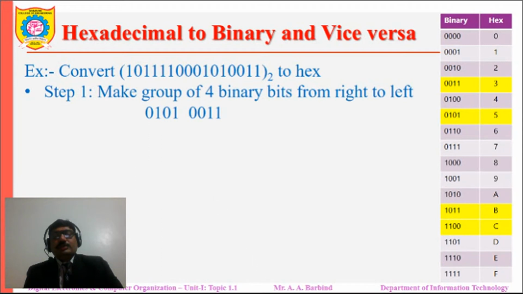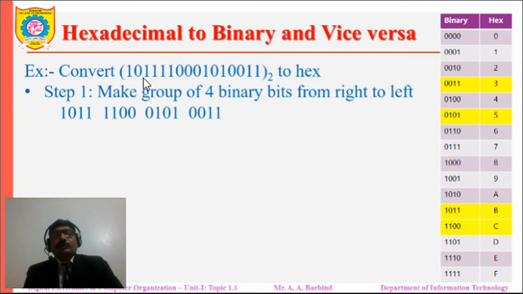After that the next group is 1100, this one, and the leftmost 4 bits are 1011.